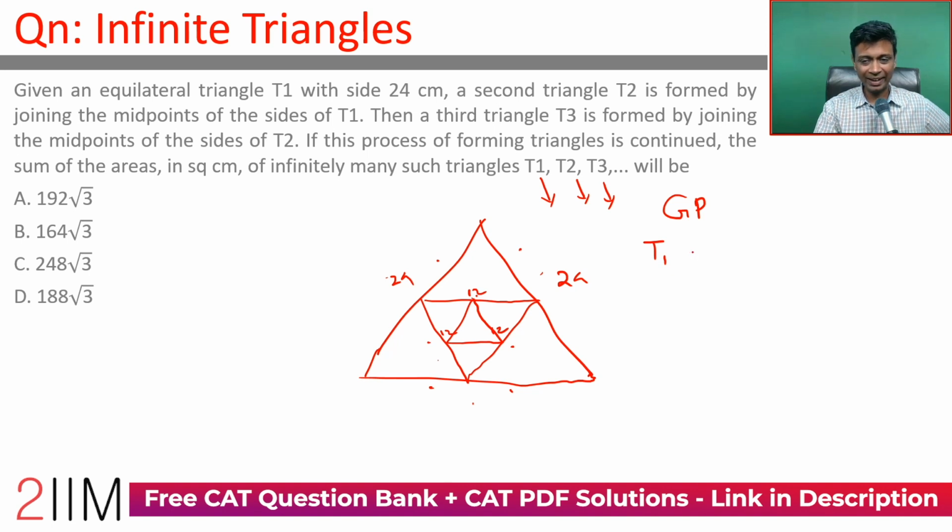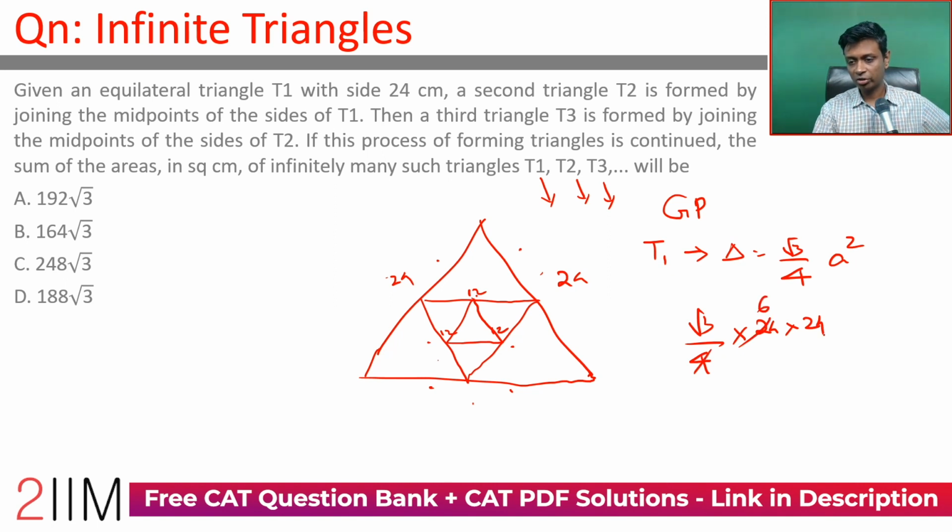Let's find T1 area first. T1 area is root 3 by 4 a square, which is root 3 by 4 into 24 into 24. 24 by 4 is 6. 6 into 24 is 144. This is 144 root 3. This is the first term. Common ratio is 1 by 4.